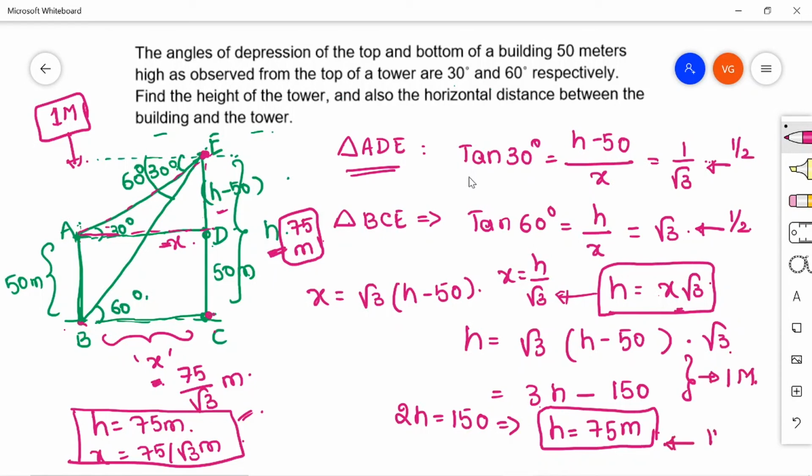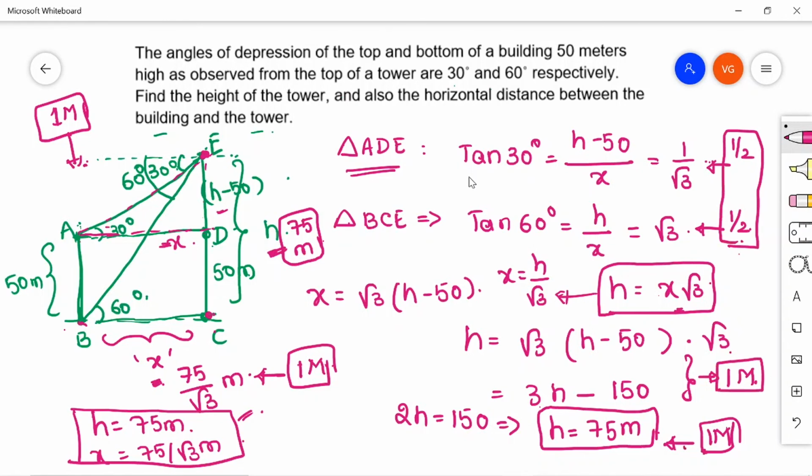Getting the equation, getting the value of x 1 mark and getting the value of h and x, right? For these two, you will get 2 marks here. So 1 mark here, this is 1 mark, 2, 3 and 4th mark is for finding the value of h and 5th mark is for finding the value of x here.